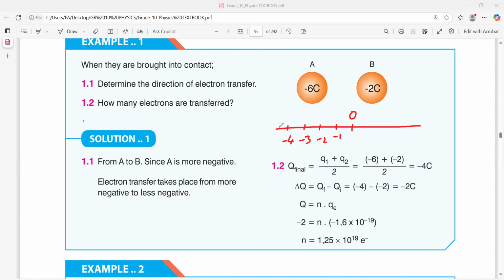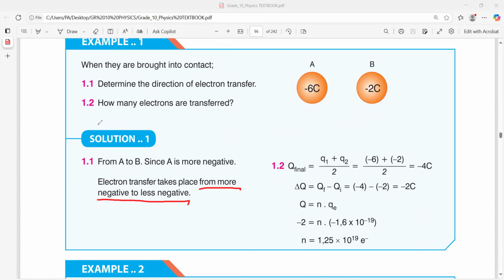You don't always need to draw, just to understand. So -6 is less than -2, so electrons move from A to B. All right. So you must just use less than. But if they ask you for a reason, you must say from more negative to less negative.